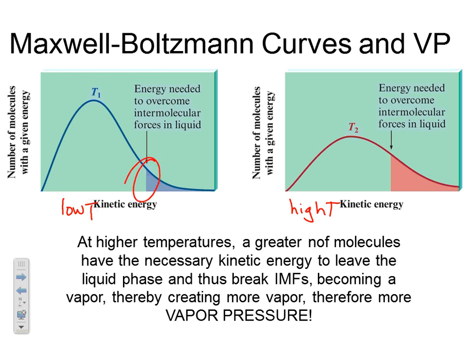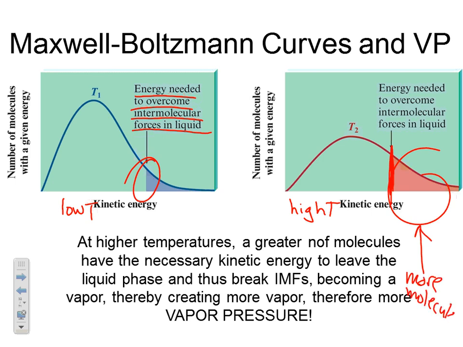Well, this is the energy needed to overcome intermolecular forces in your liquid, right? That's the energy at which your liquid can evaporate, generate vapor, and generate vapor pressure. If you increase the temperature by shifting the distribution of molecules, this energy has stayed the same, but now you have more molecules that have sufficient energy to escape the liquid phase and become a vapor.